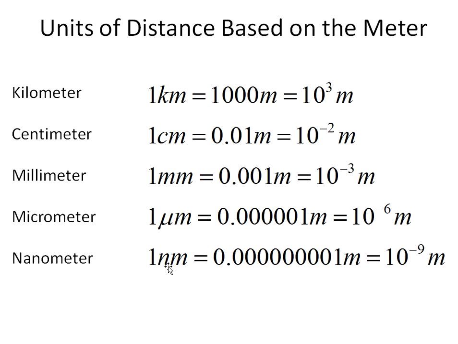A nanometer is 1,000,000,000th of a meter, and in scientific notation that's 10 to the -9, and this is actually going to be probably the most frequently used unit for wavelength that we'll be using in this class, because this is the most appropriate unit of distance when describing the wavelength of visible and infrared light. So we'll be using this a lot.